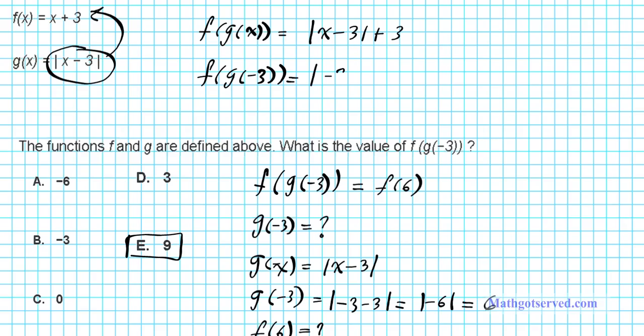You have the absolute value of negative 3 minus 3, plus 3. You have absolute value of negative 6 plus 3, which is 6 plus 3. And your final answer is 9. Okay, so whichever method you like, you can go ahead and use that method.